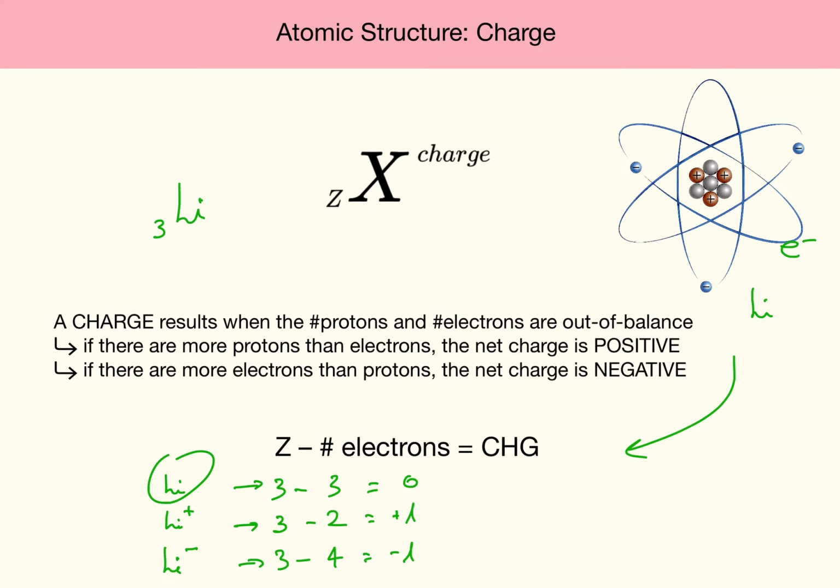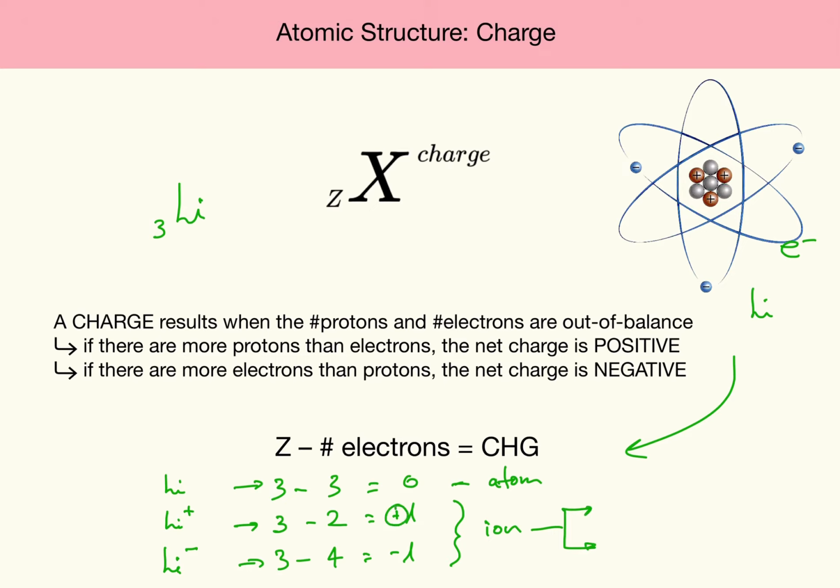Now here's a little inside baseball. Technically speaking, atoms with charges are no longer atoms. Atoms are charge neutral species. When an atom becomes charged, it is then known as an ion. And there are 2 classes of ions.